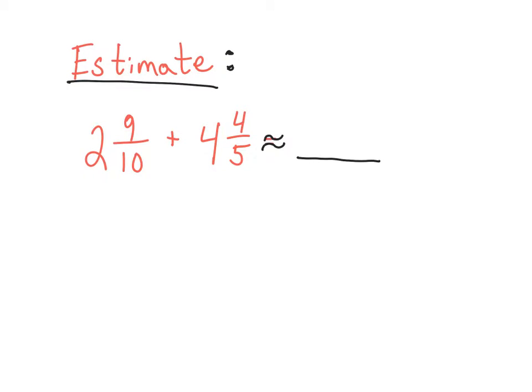So 2 9/10 is 1/10 away from the next whole, which would be 3. And 4 4/5 is 1/5 away from the whole, which would give us 5. 3 plus 5 is 8. So 2 9/10 plus 4 4/5 is about 8. And again, there's my squiggly line to show about.